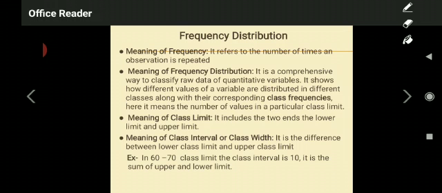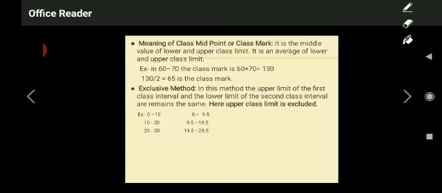Why the class interval is 10 over there? 70 minus 60 is 10. As I said, it is the difference between lower class limit and upper class limit. Lower class limit is 60. Upper class limit is 70. 70 minus 60 is 10, for example. 10 is the class interval or class width supposed to be.